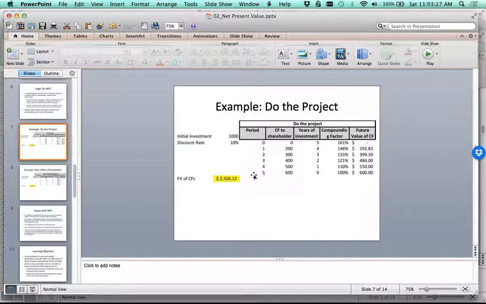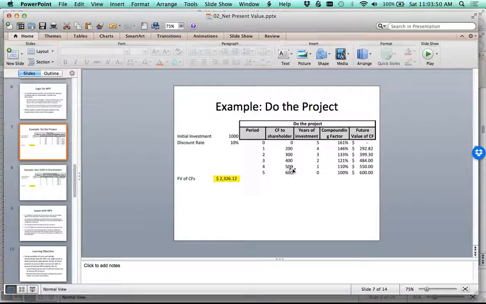So since we're talking about a 5-year project, they'd have a whole year to invest it. So it would grow to be 161% of what you started out with due to this 10% investment rate. But they're not getting any money, and so that's why the future value at the end of year 5 for their cash flow is 0 on that one.